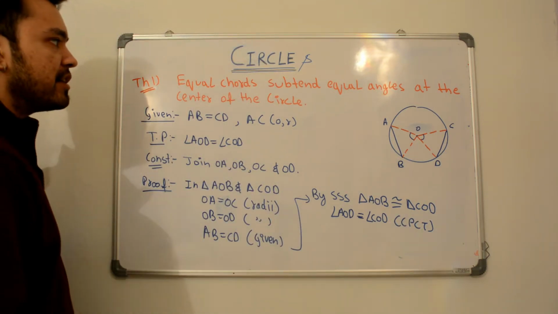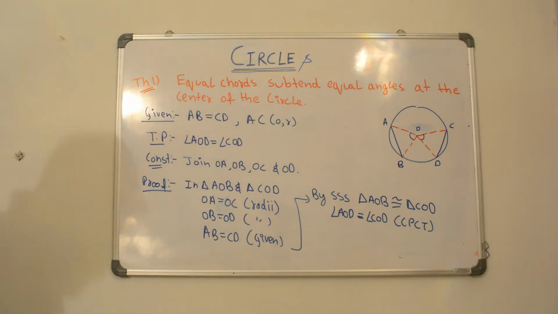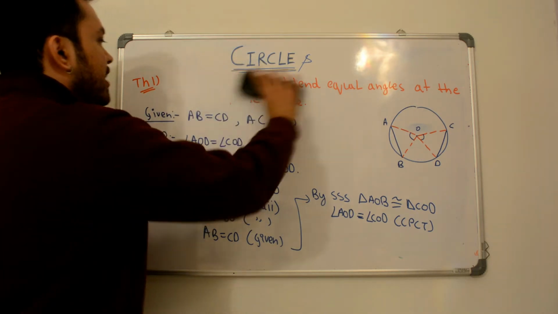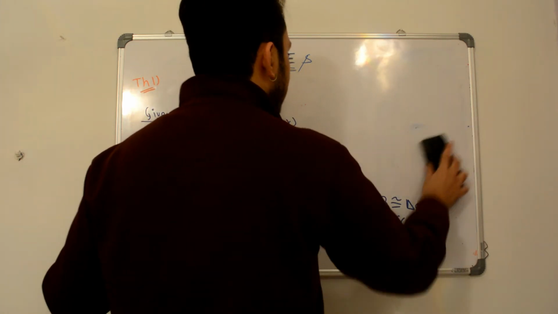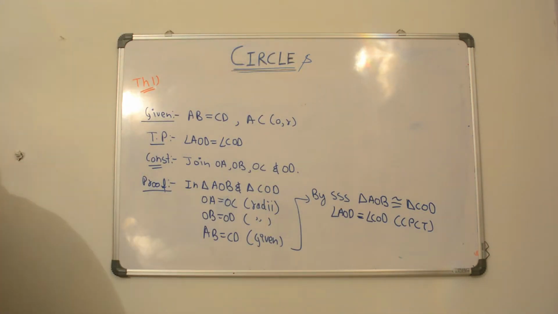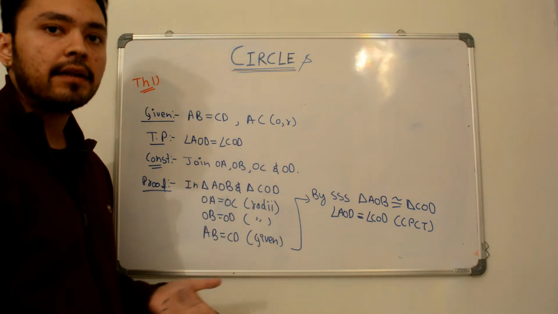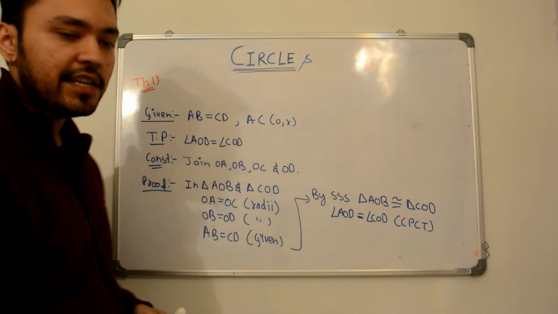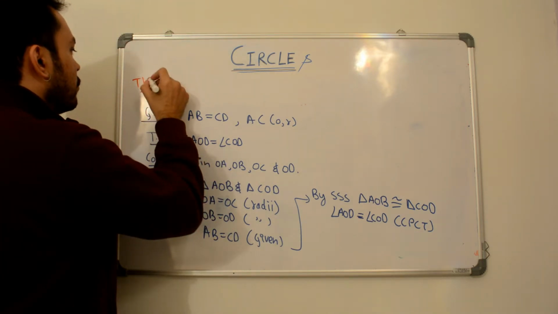I hope this much is clear to all of you. And the next theorem we'll be doing is theorem number 2. It is just the converse of this theorem, right? Like in this theorem, we said that equal chords subtend equal angles at the center. In this, we'll be doing that if chords subtend equal angle at the center, then they are equal. Simply converse of it.